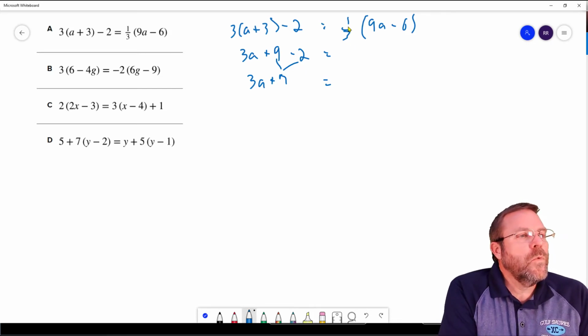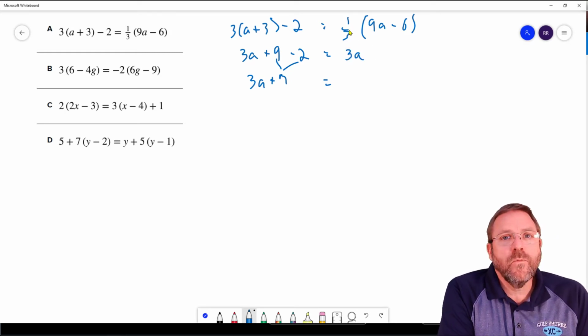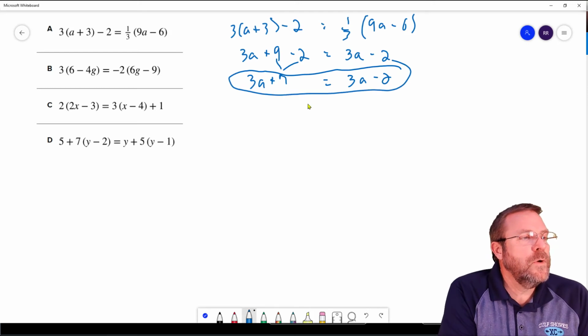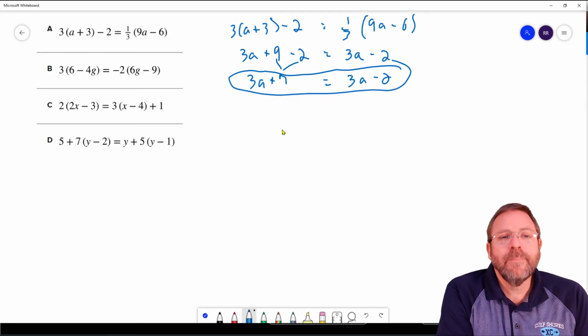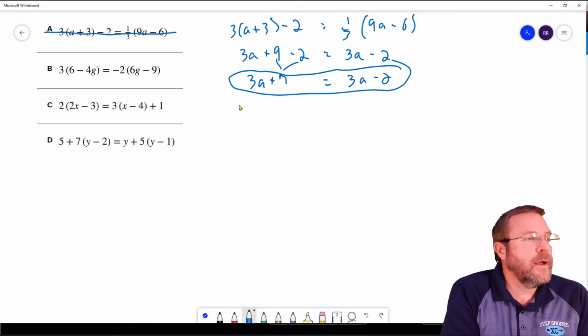Next, I take 1/3 times 9a. 9 divided by 3 leaves me with 3a. And then I have 1/3 times the negative 6, so 6 divided by 3 is going to give me 2. So at this point, you can see I've got 3a minus 2 on the right, 3a plus 7 on the left. Those are not identical, so that's not going to be one of my options.